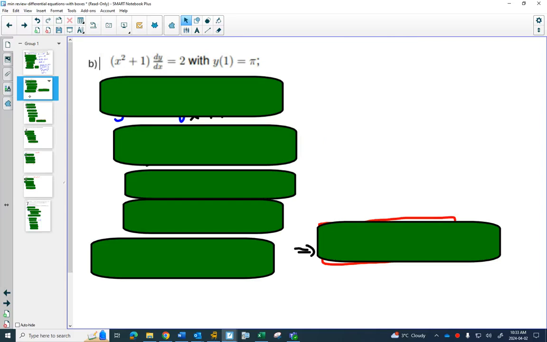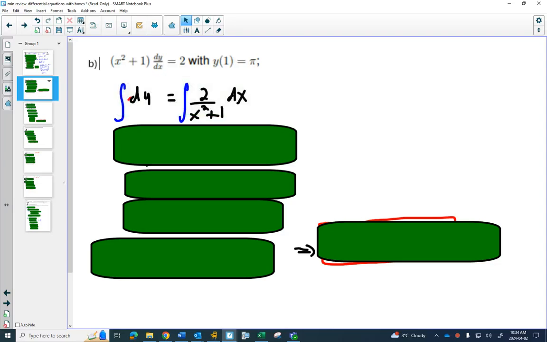So here we have a dy dx. And our job, if we're going to separate the variables, is to get the dx on one side with the x's, the dy on the other side with the y's.